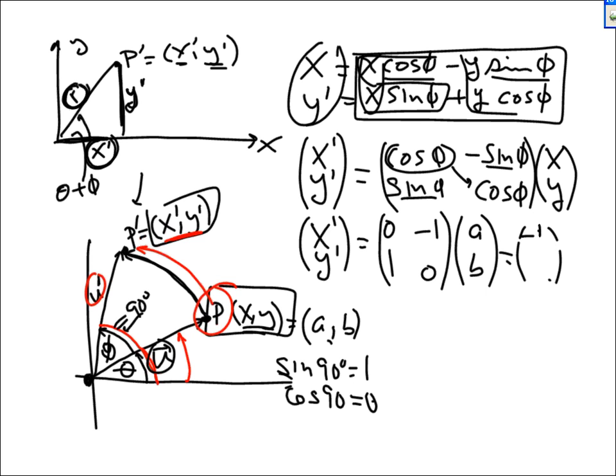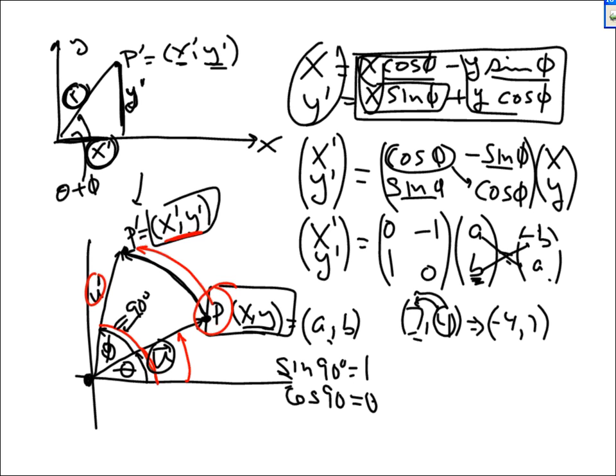We get negative b, a. Oh, you mean if you have the point 7, 4, the first entry becomes the second entry, and the second entry, the 4, becomes the first, but the sign changed. You interchange these two, and when you move this one over, you change the sign. When you move the 7 over, you don't change the sign.